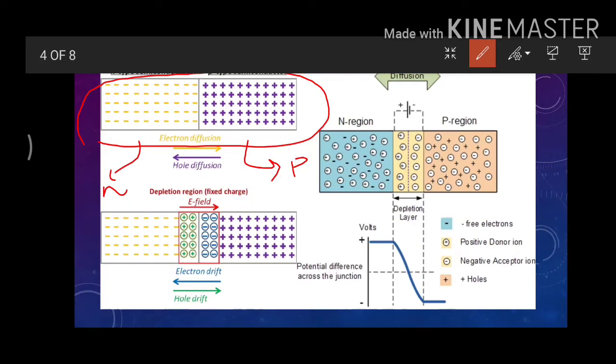We all know the process of diffusion: everything tries to move from higher concentration toward lower concentration. Whenever there is something in higher concentration at one side, it tries to diffuse to the other side and attain stability. Hence in this wafer they all do the same thing.